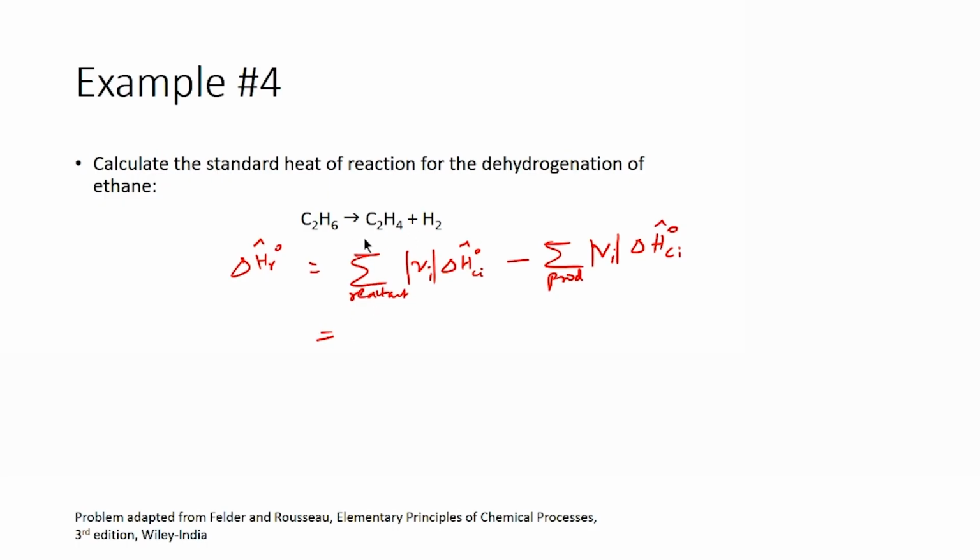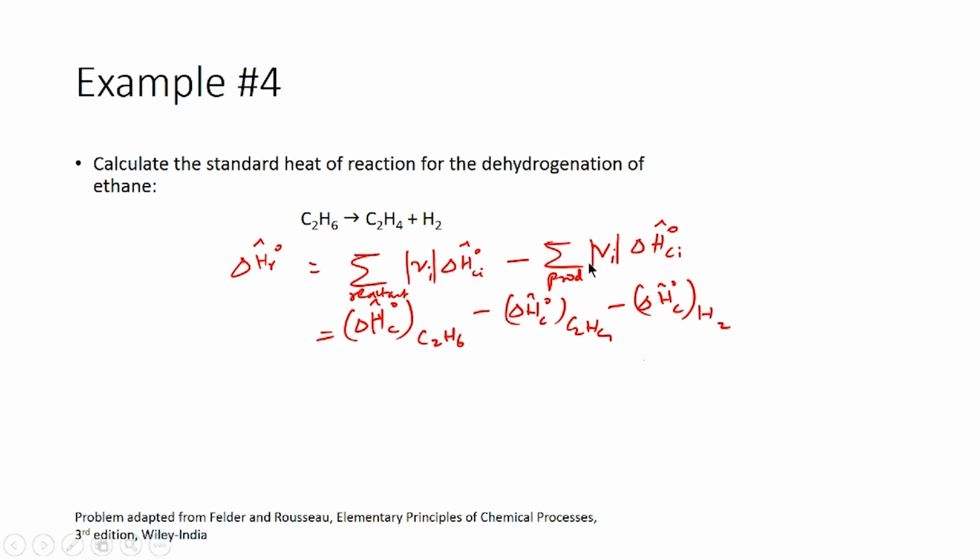We have reactants minus products, so reactants would be 1 times C2H6, that is the heat of combustion for C2H6, minus the heat of combustion for C2H4, minus the heat of combustion for hydrogen.